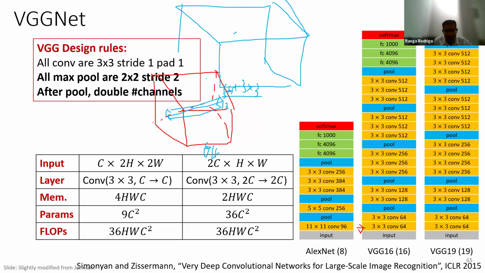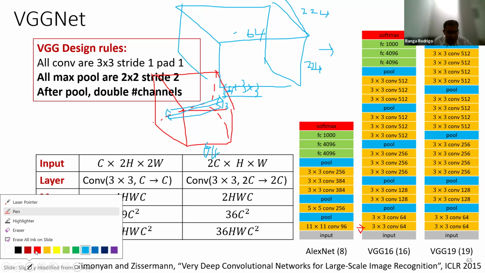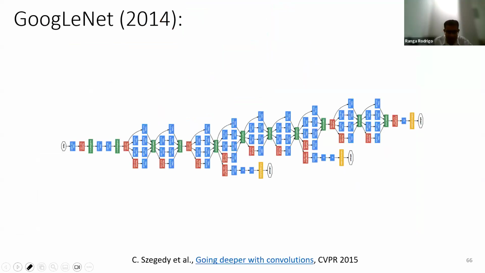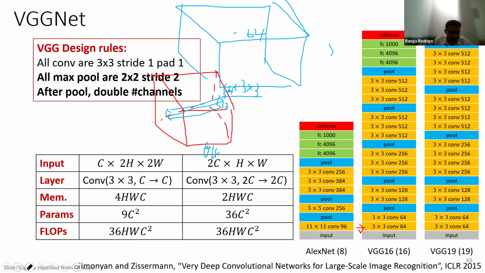So what they will do is, if this one is size 224 by 224... okay, I'm taking some stupid size, let's say this size is 50 by 50 or something.